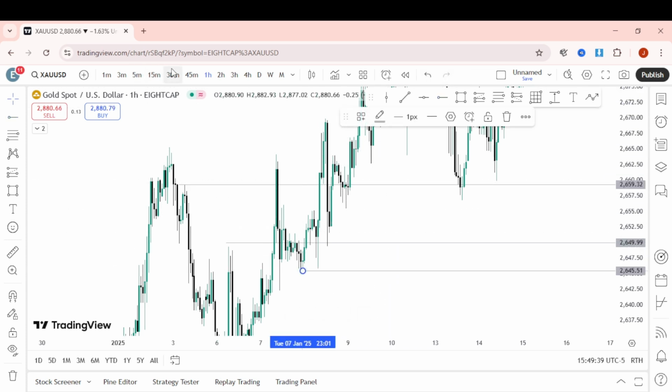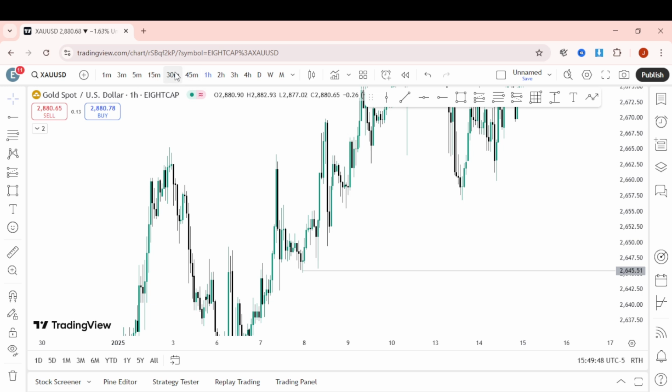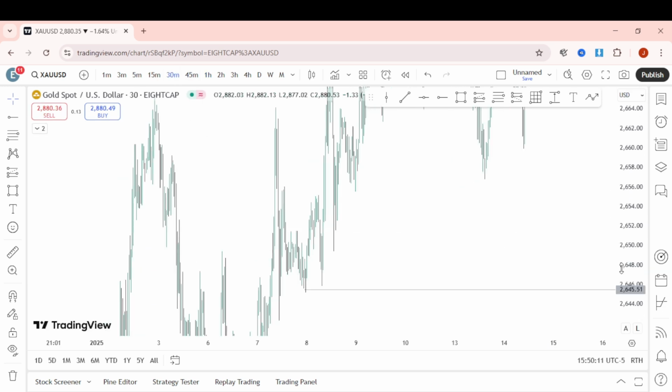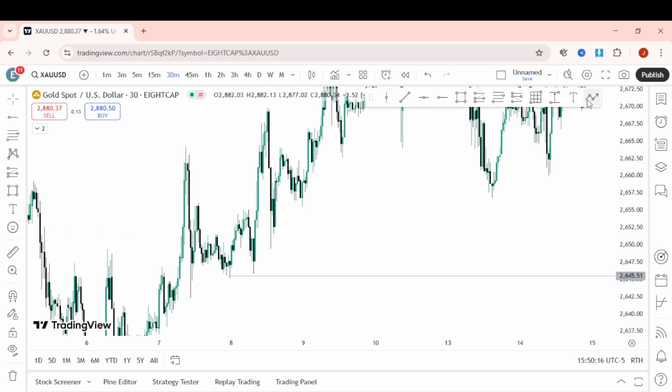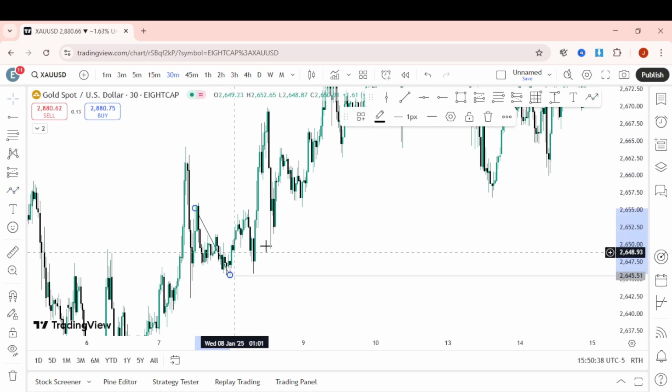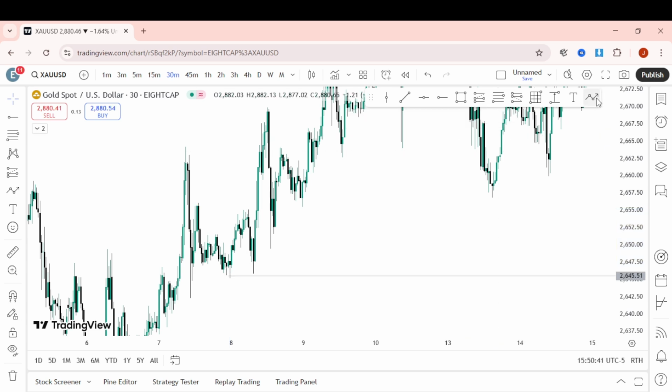So let's go into the 30 minutes time frame. So this in itself is a range because you can see structures. So let's just highlight the eyes.